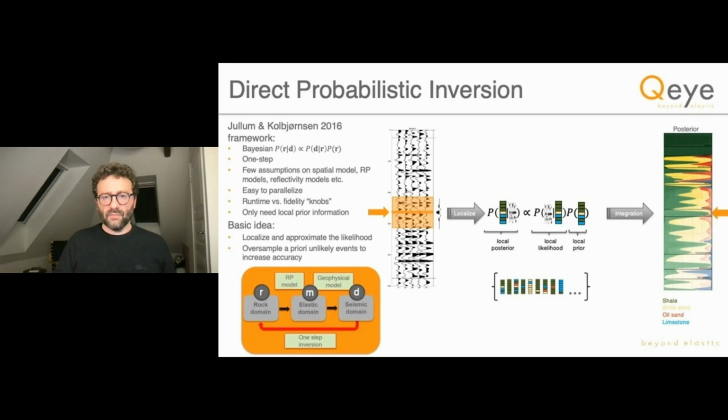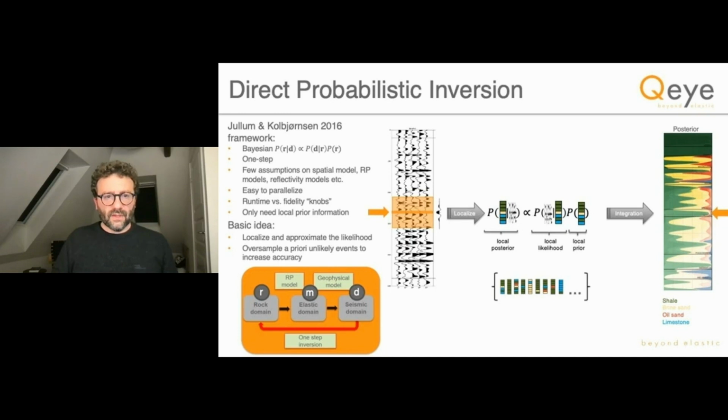All this is propagated directly into the final result in one go. It's also worth stressing that we only rely on local prior information. Geology tends to be very non-stationary, so a realistic global prior is not easy to construct, especially for a large complicated plate. But we only need to know some approximate prior locally, which is a great advantage.